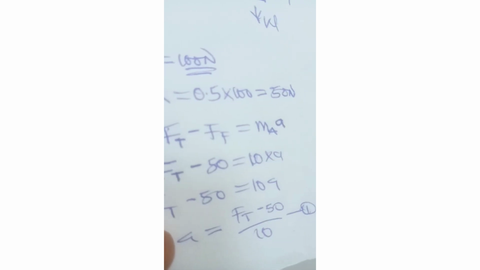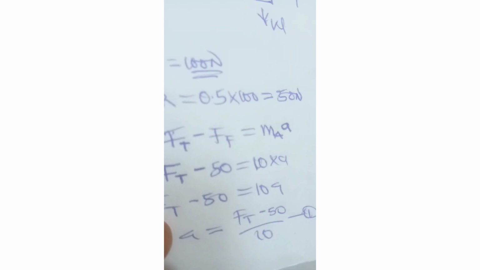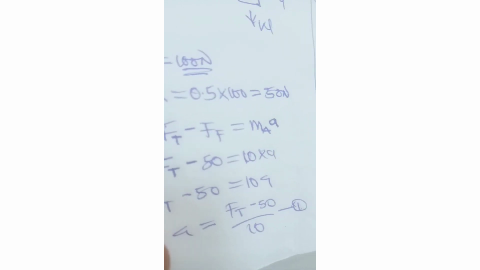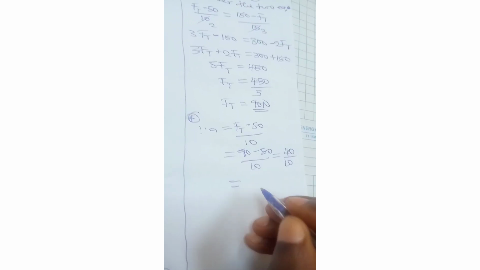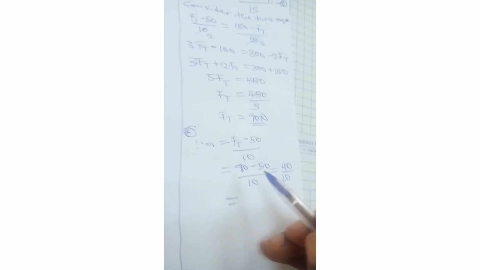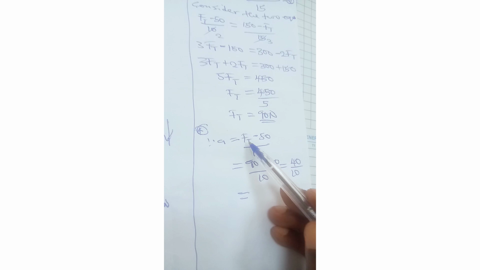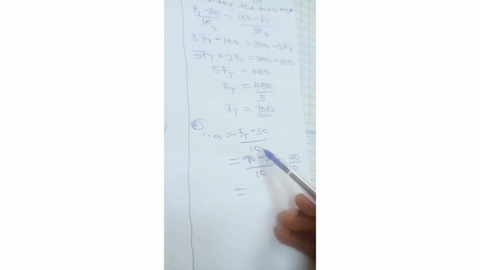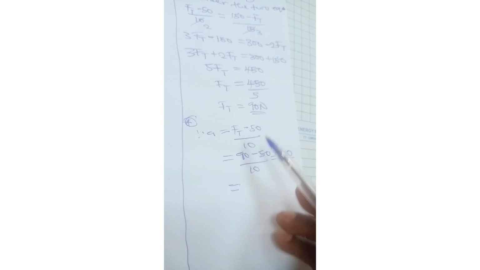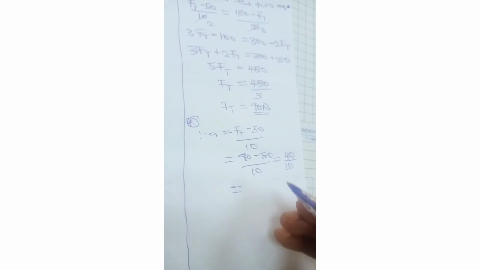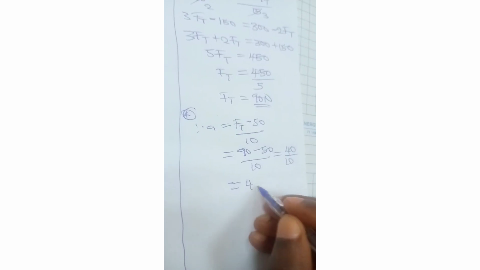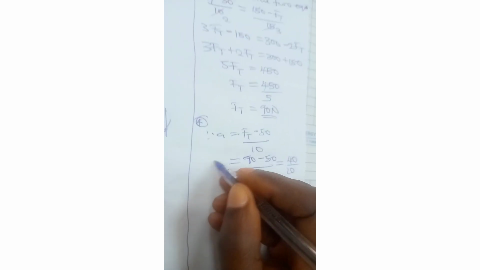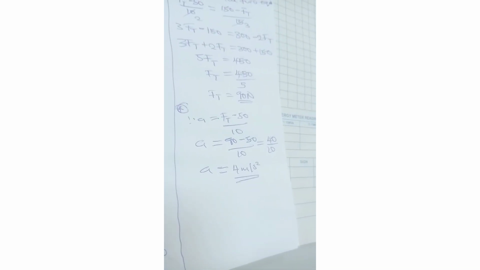Our FT is calculated to be 90, so this is equal to 90 minus 50 over 10. That's going to give us 40 over 10, and this is going to give us 4 meter per second square. Our A is 4 meter per second square.